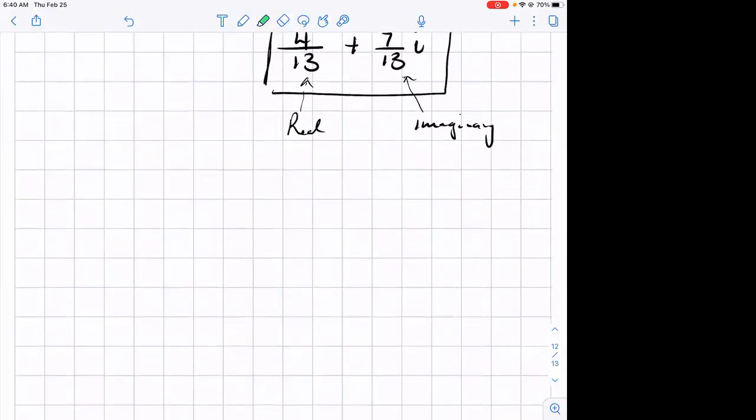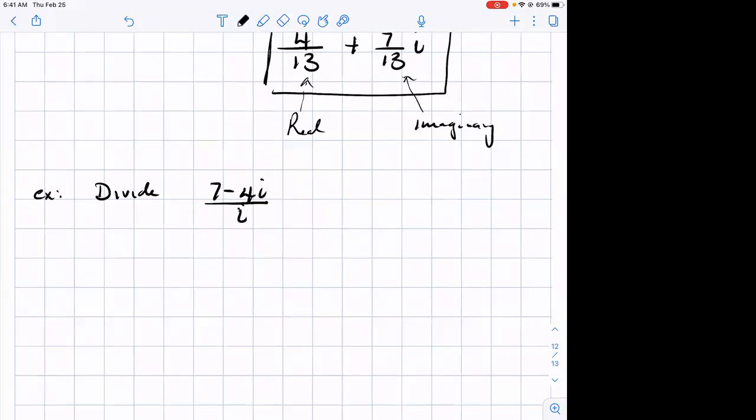If you look at this example, and I said to divide 7 minus 4i over i, well, no matter what you do, you cannot separate the real from the imaginary. So we have to multiply here by a conjugate.